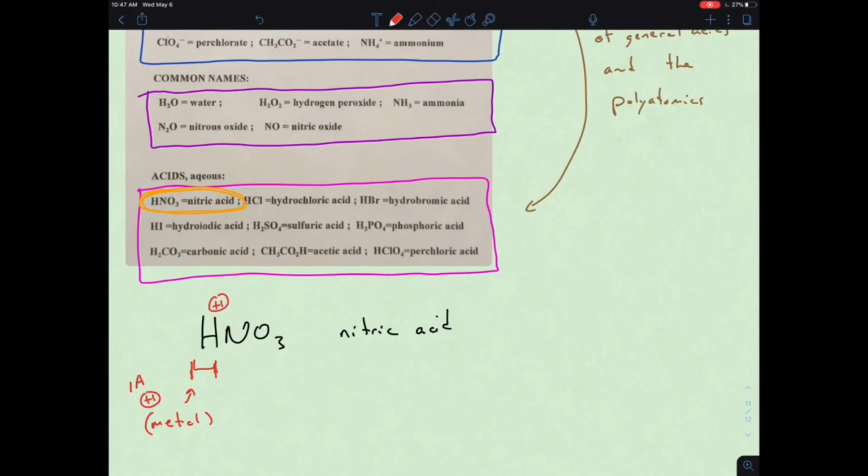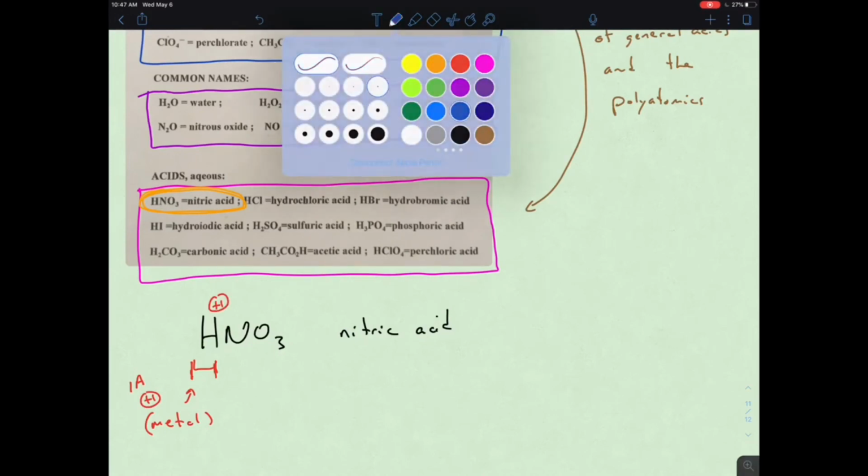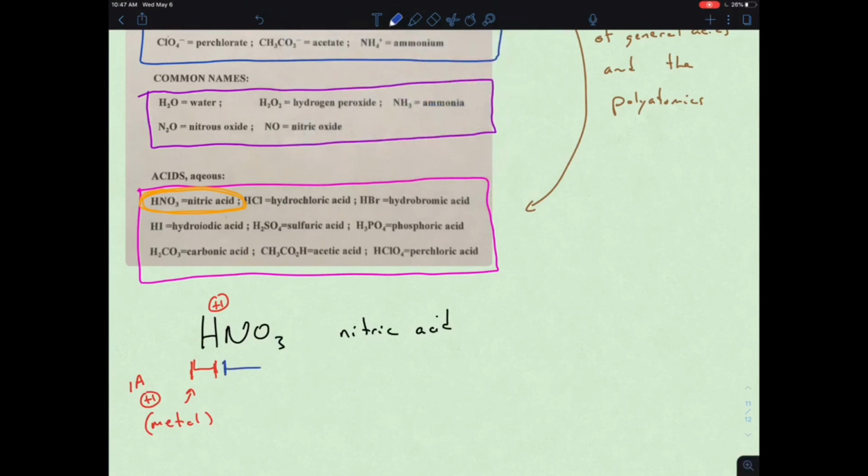And now with the polyatomic, the whole thing has to balance our charge. So the nitrate is going to be completely -1. So there is our polyatomic.